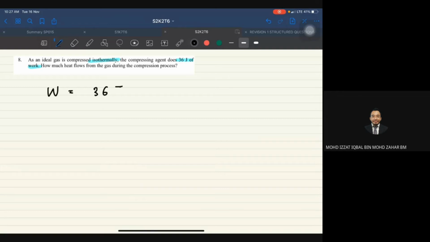Is it positive or negative? Okay, siapa yang buat kerja? Is it the gas ataupun bukan gas? Itu je soalan kamu nak tanya diri kamu. Who does the work? Gas. Okay, yang ni ayat dia memang little bit confusing tapi sebenarnya compressing agent ni maksudnya ada satu benda lain yang compresskan benda ni.